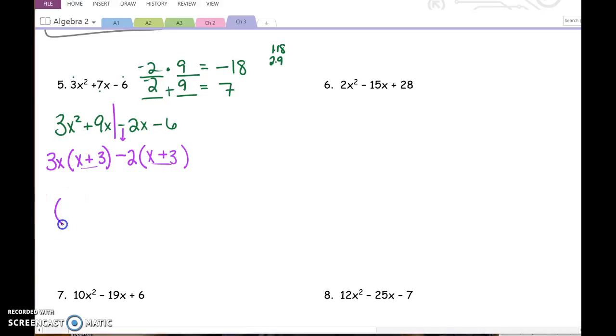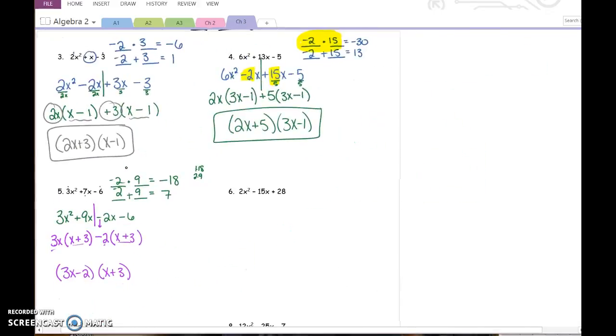The first set of parentheses is the stuff in front, the 3x and the minus 2. The other set is that matching pair. If you did this the other way with negative 2x plus 9, you would have ended up with x and 3 and then 3x plus 3 or 3x plus minus 2 inside the parentheses.